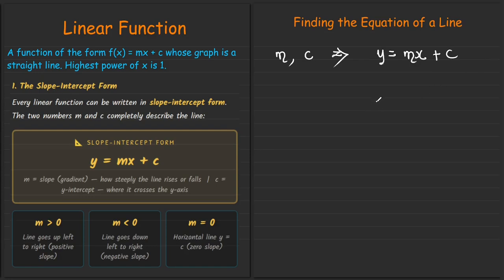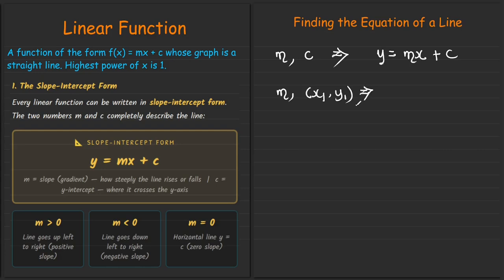Now the second scenario is when you are given the gradient and 1 point. Let's say you are given the gradient m and 1 other point, the point being x1, y1.